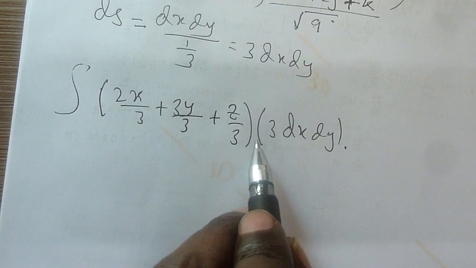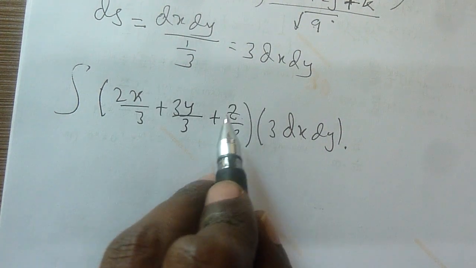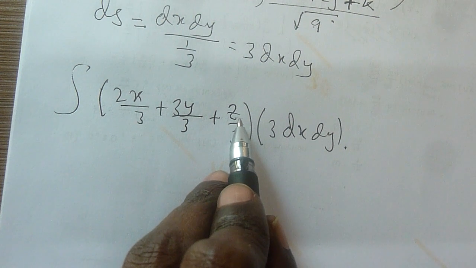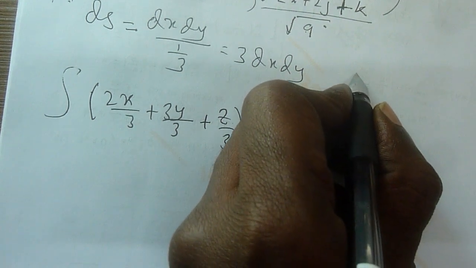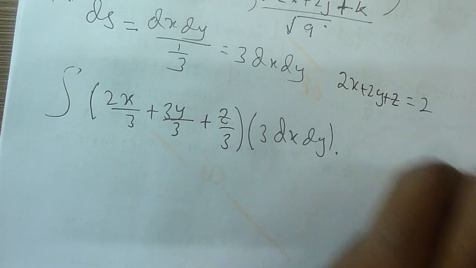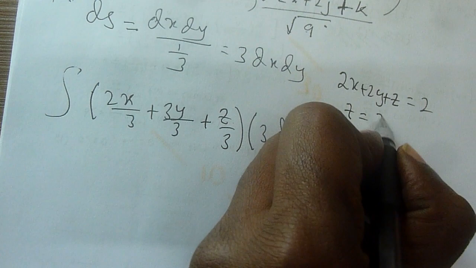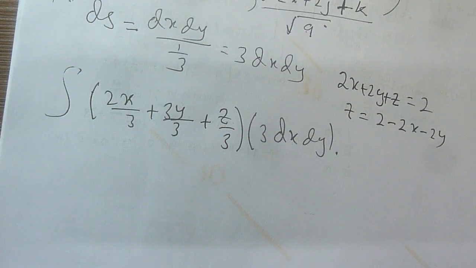When you get this, then automatically all the others will be moved, except z, which will be the troublemaker here. Okay, now can we change the z? Can, because we know 2x plus 2y plus z equals 2, right? Can we make z as 2 minus 2x minus 2y? Can.